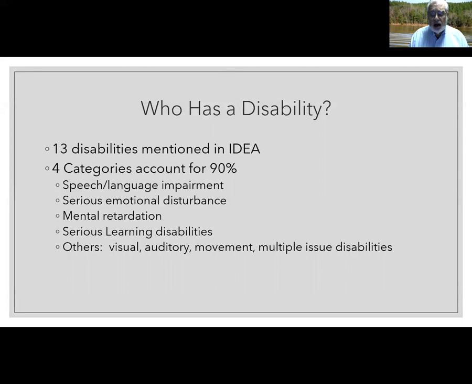And they are not necessarily what we think of first when we think of disabilities. We're thinking obviously of people with visual disabilities, auditory, movement disorders, or that they have multiple disabilities all at the same time. But those tend to be much smaller groups. The 4 that are listed in IDEA are the 4 that are more common.